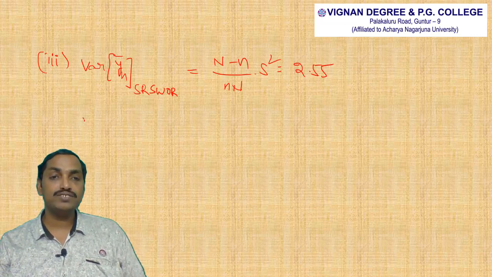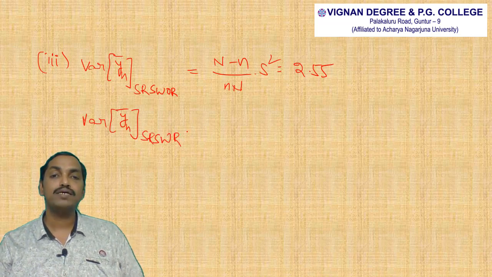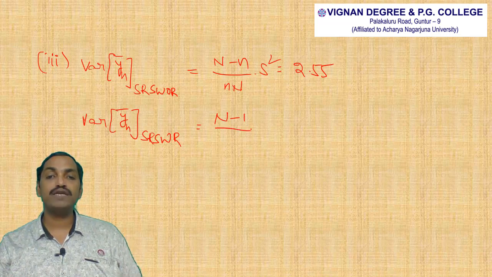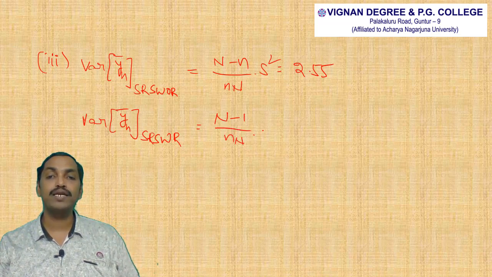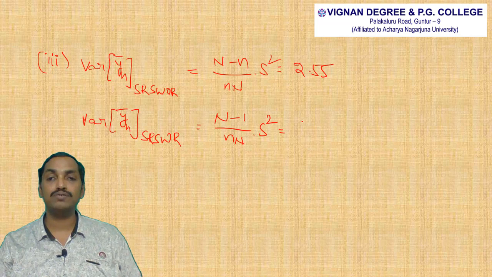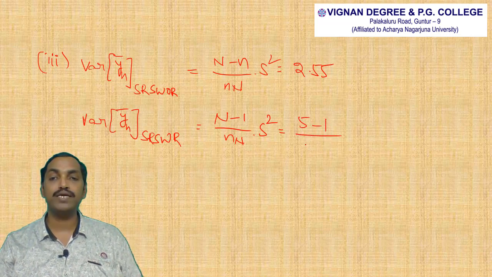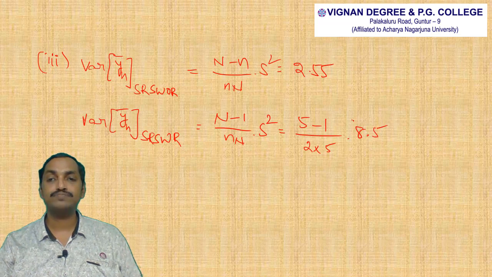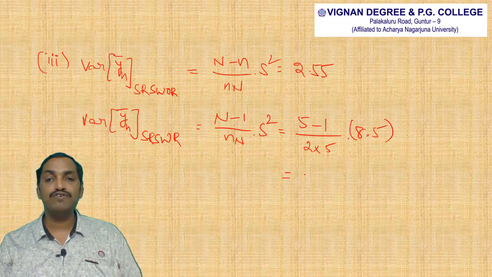And similarly, variance of Yn bar in simple random sampling with replacement is given by the formula capital N minus 1 divided by small n into capital N into S square, which is equal to 5 minus 1 divided by 2 into 5 into 8.5, which is equal to 4 divided by 10 into 8.5.